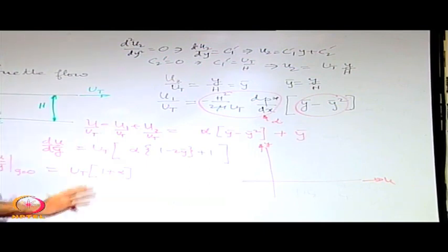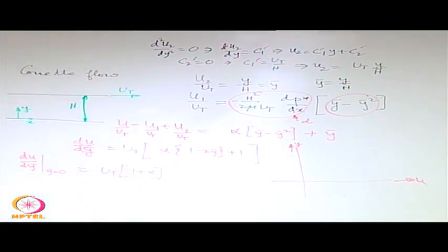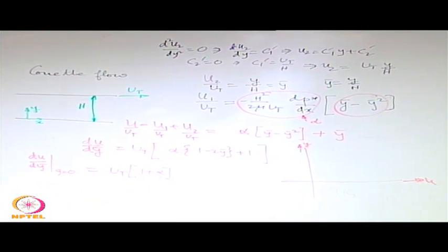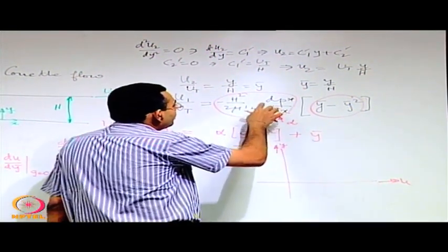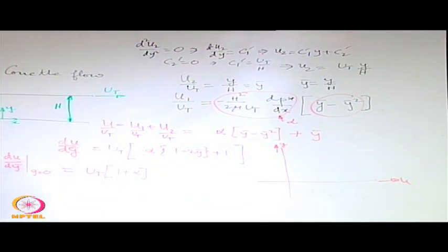So if you see, let us consider a value of alpha which is negative. So alpha negative means dp dx is positive. So dp dx positive is adverse pressure gradient.